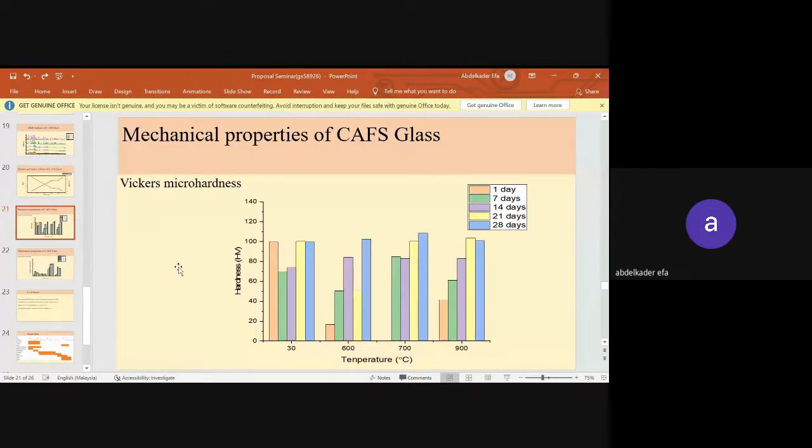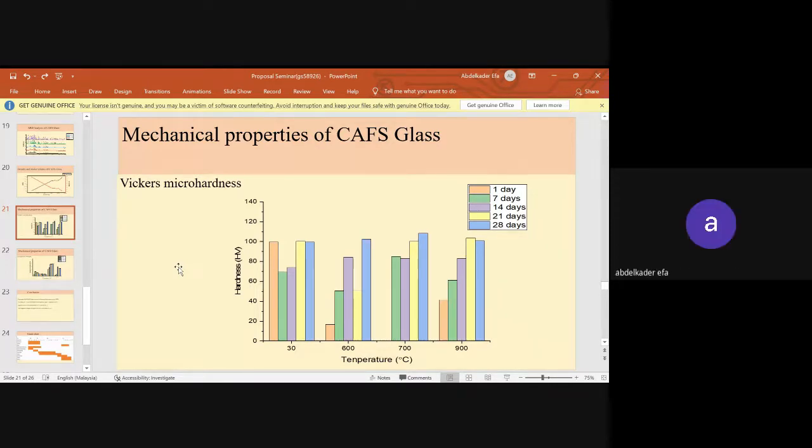During this conversion from fluoroapatite to another phase, some bonds or cross-linking will be weaker than before. So the Vickers hardness will decrease after 700 degrees Celsius.